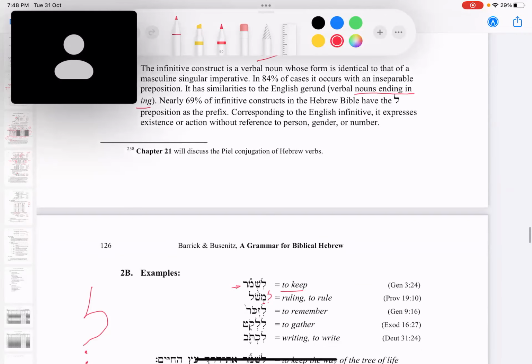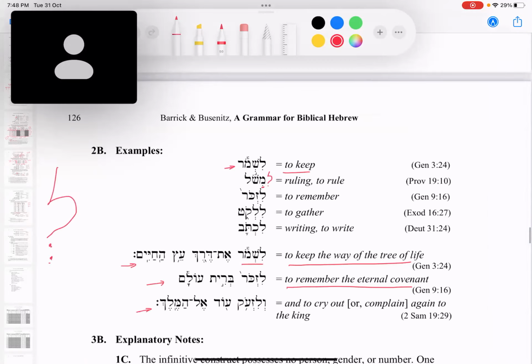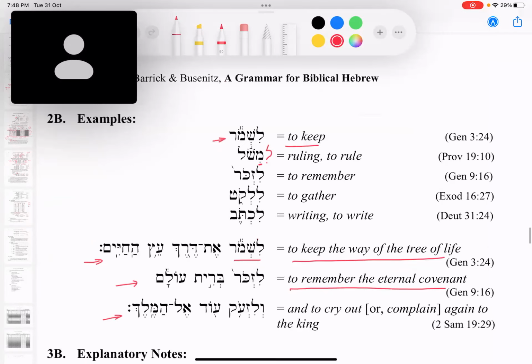Anyone? In all infinitive constructs, you will find Lamed as a prefix, like a preposition.